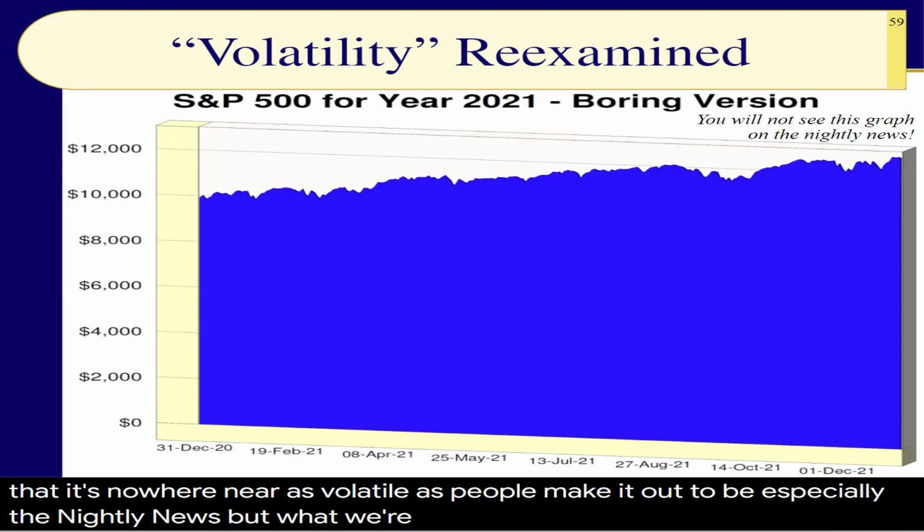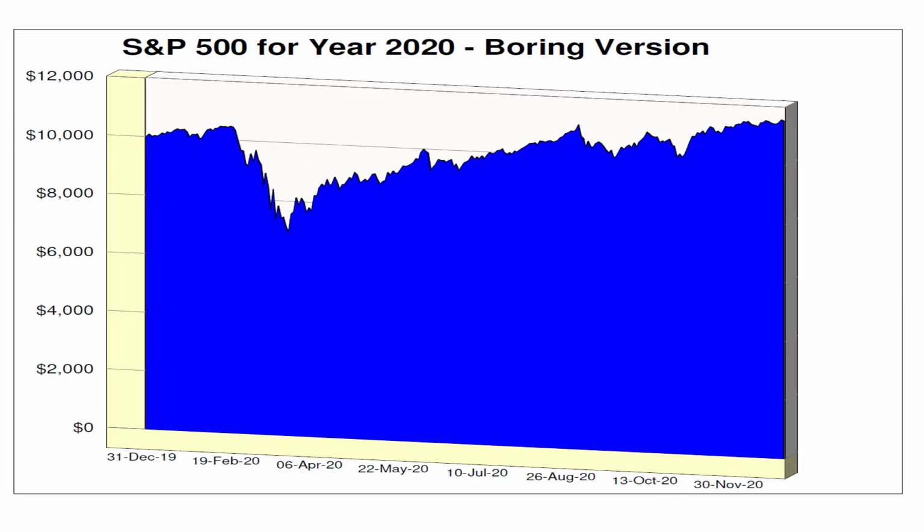But what we really want to show you is 2020 again. And even though it looked horrifying when we showed just from about 6 or 7,000 up to about 11,000, if we show you from 0 up to 12,000, you find that it's not so bad.